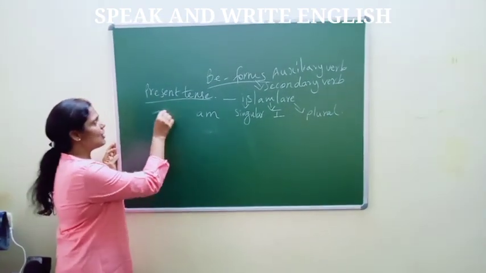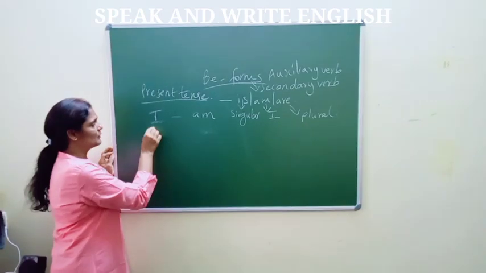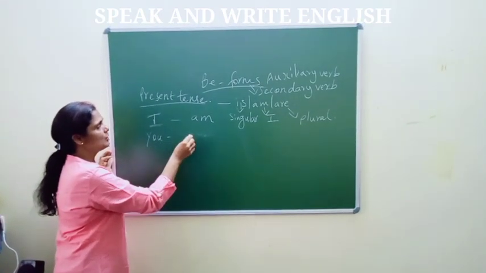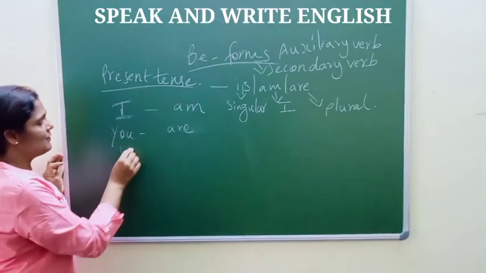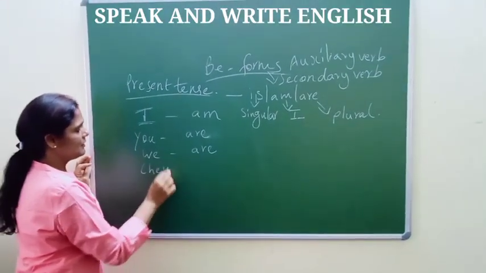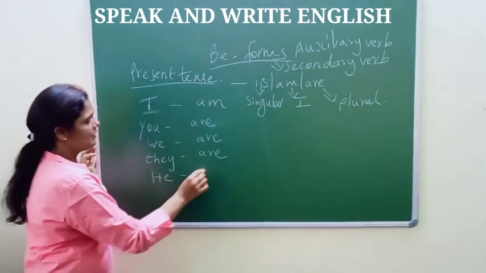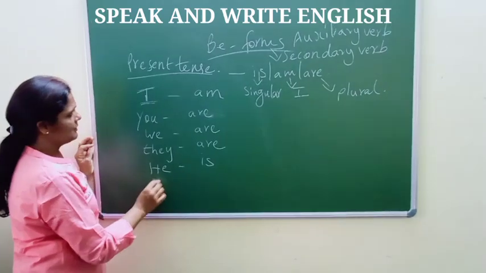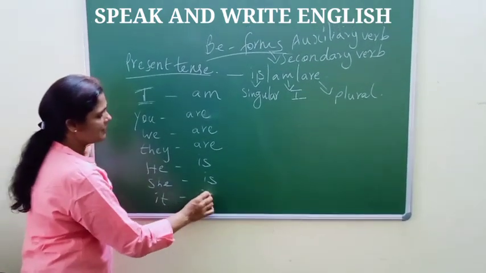Now for the pronoun I, as I told, it will take the be form am. For the pronoun you, it will take the be form are. We are. They are. He is. She is. It is.